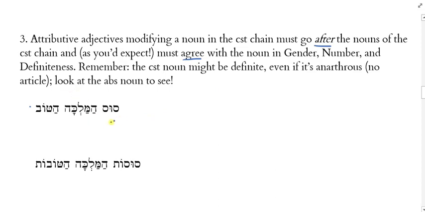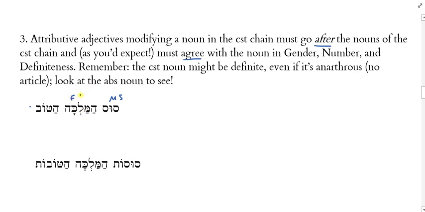I have sus ha malka hatov. Let's think about this. Sus is what gender? Masculine singular. How would you translate sus? Horse. Good. Ha malka. What is a malka? It's a queen. Melech is king, malka is queen.